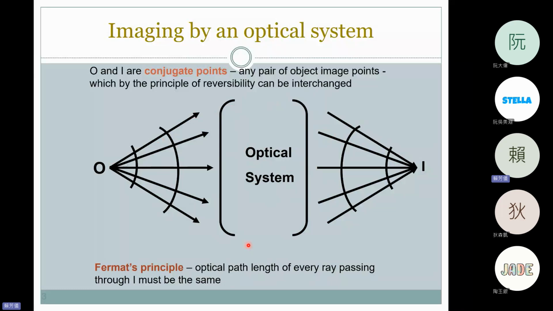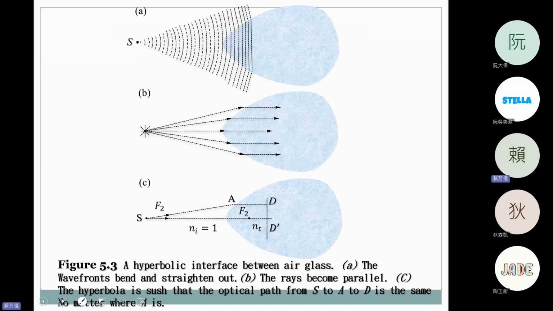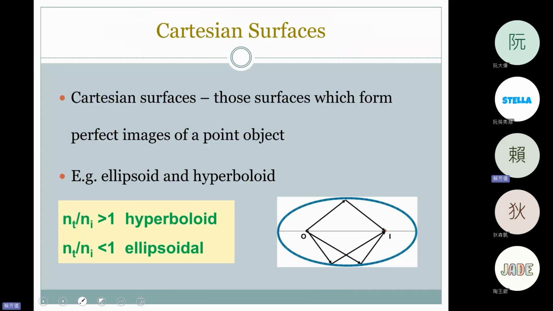So they can solve the equation to find that there actually exist certain surfaces that can form the perfect image. We call that kind of surface a Cartesian surface. So Cartesian surfaces are those surfaces which form a perfect image of a point object.